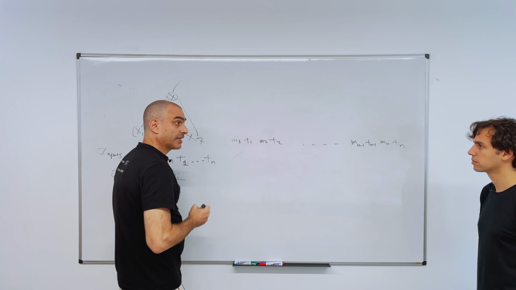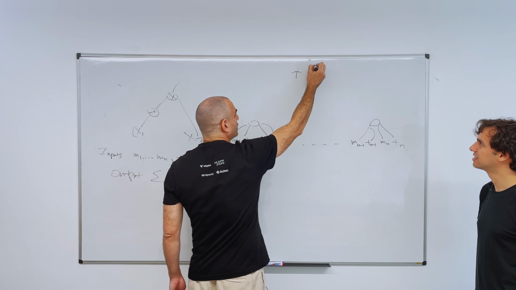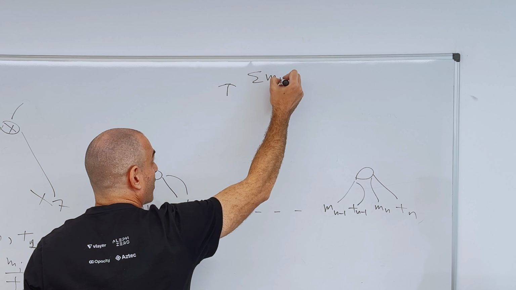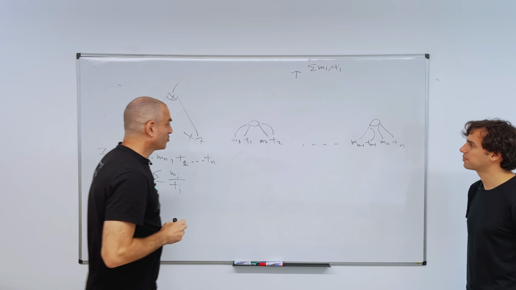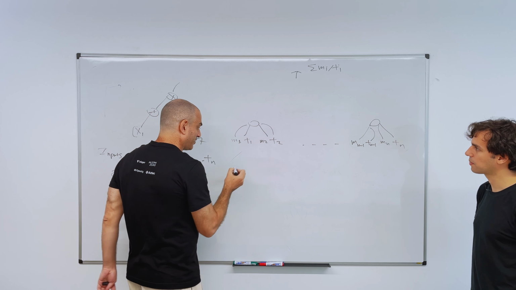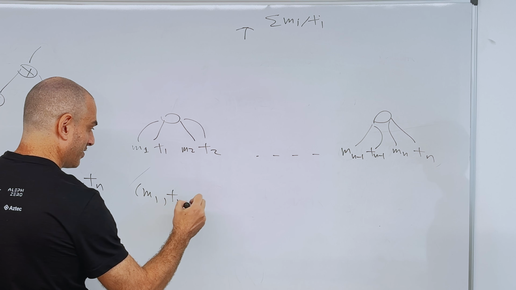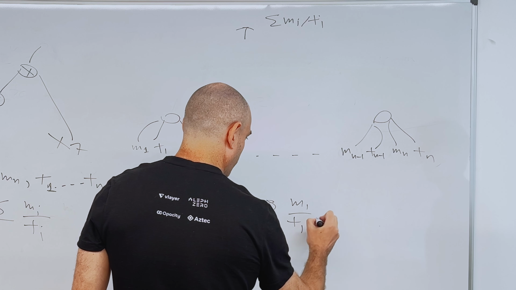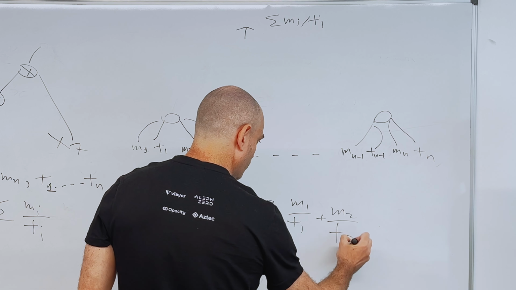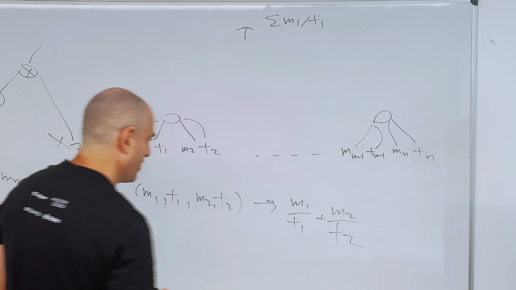So we want such a circuit where the output in the end will be this sum of mi over ti. So what we want is a circuit that takes m1, t1, m2, t2 and outputs m1 over t1 plus m2 over t2. But it's going to be convenient to get rid of these fractions.